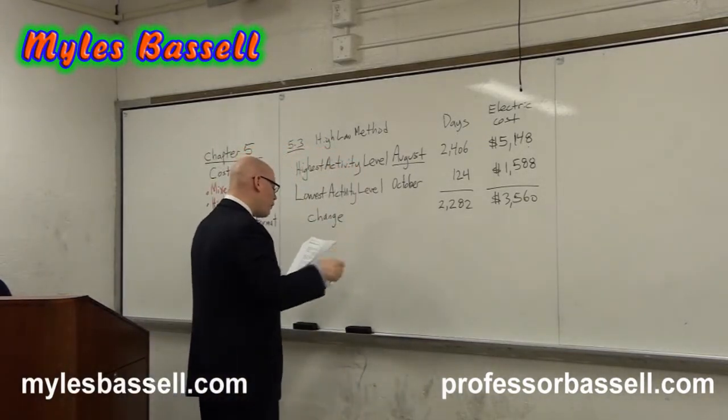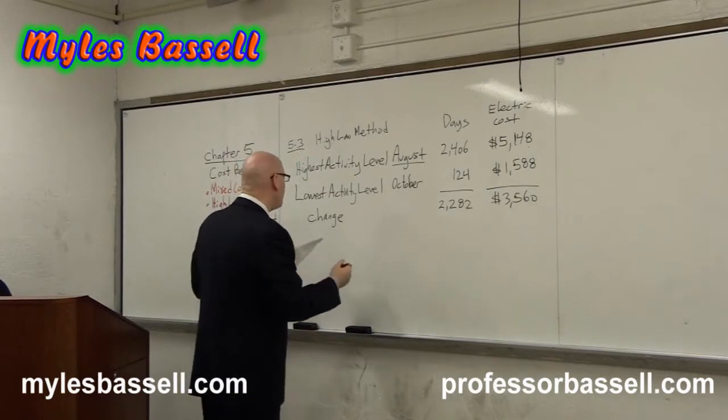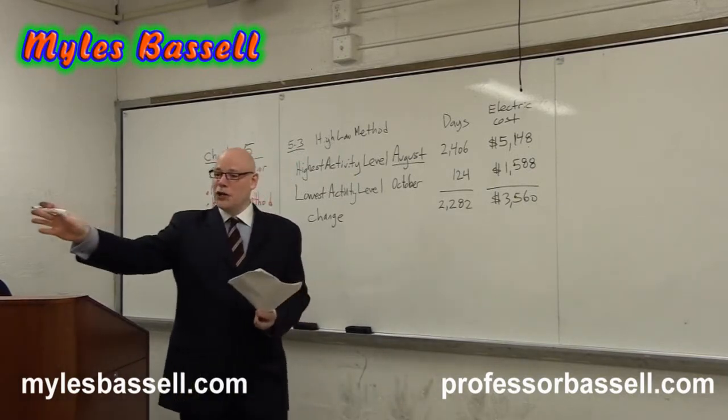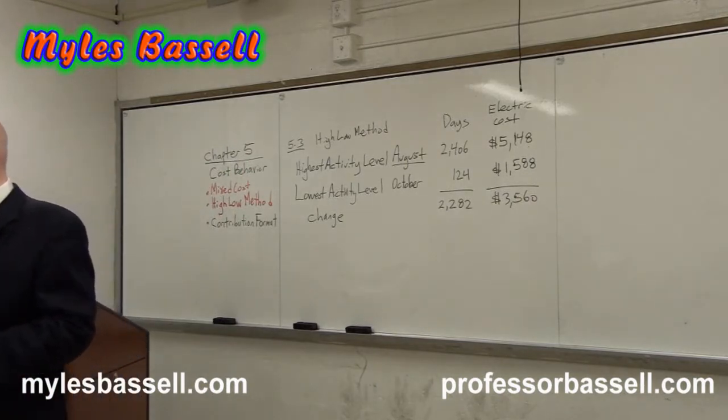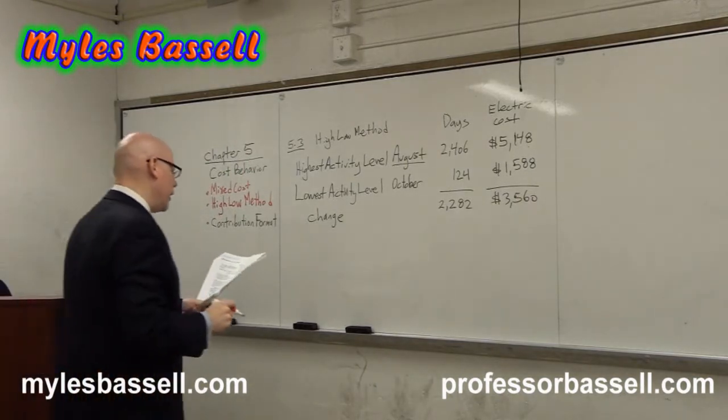All right. So what we want to figure out is the change, because what we're going to do now is address Irina's question about how much is variable cost and how much is fixed. So I'm going to show you how to calculate that.